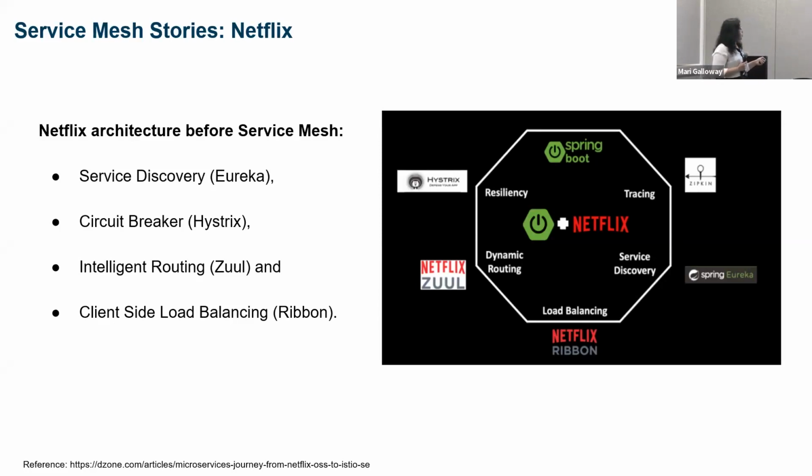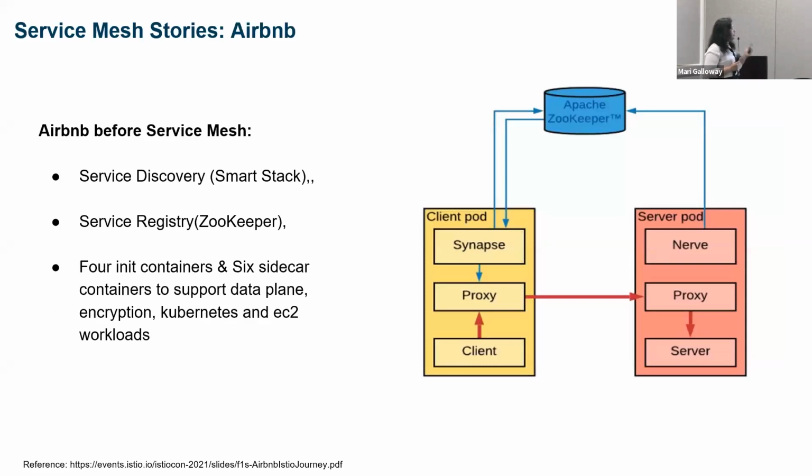Another company that has gone through this journey is Airbnb. They also have a microservices architecture, and they tried to mimic the service mesh pattern using different tools and technologies, but finally they also crossed the canyon and implemented service mesh in their architecture. These are some amazing stories that you can read up on the internet.